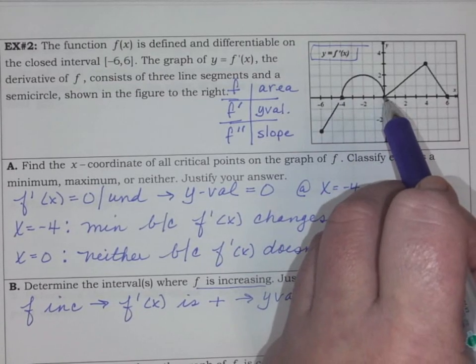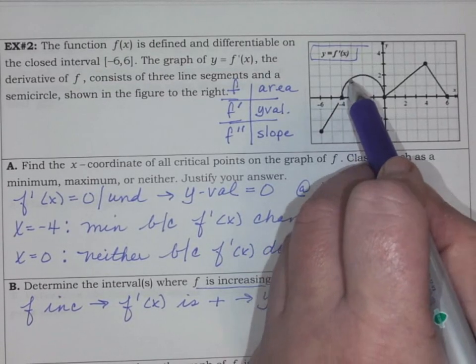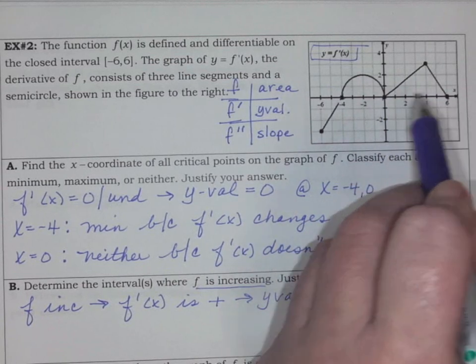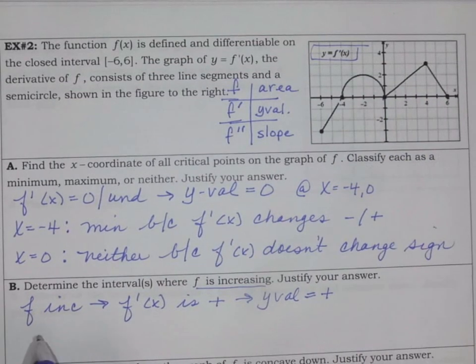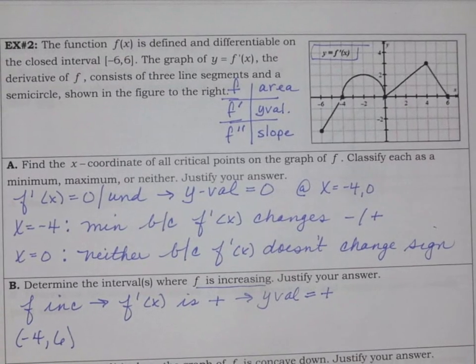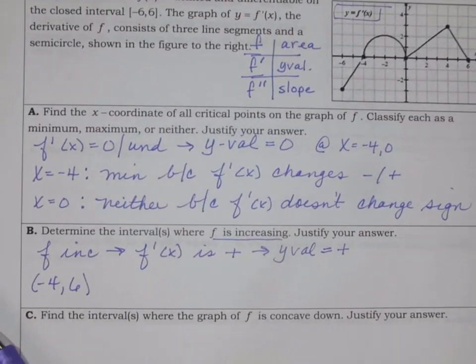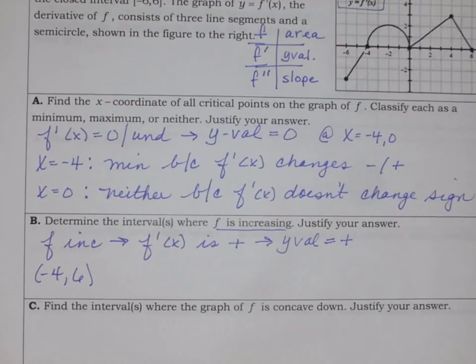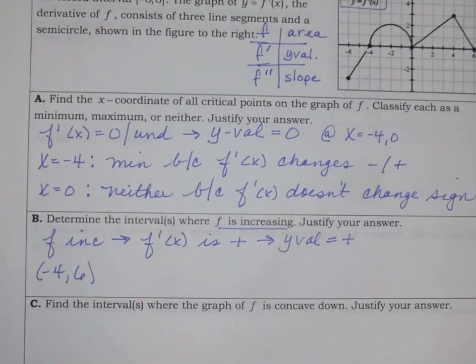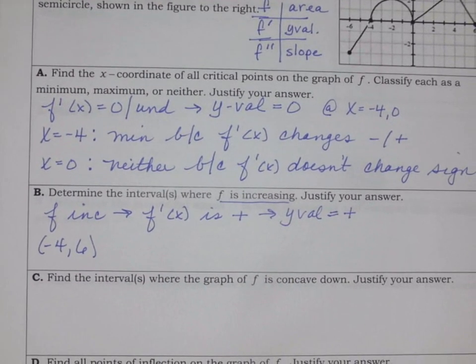We can either do -4 to 0 and 0 to 6, or we can just do -4 to 6. I'm just going to do -4 to 6. Now, one thing I haven't talked about yet, but notice that my intervals are parentheses. Err on the side of parentheses. If you're doing increasing, decreasing, concave up, concave down, you want to do parentheses. All right, now we've already done our justification up there, so that is our answer.